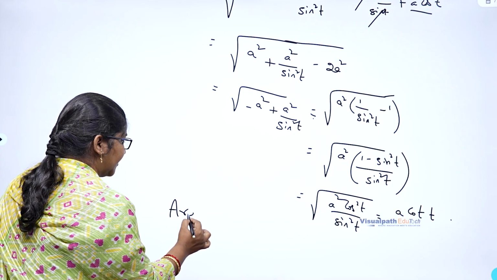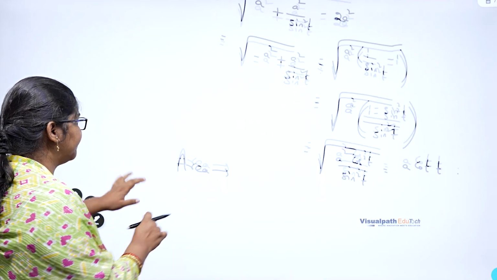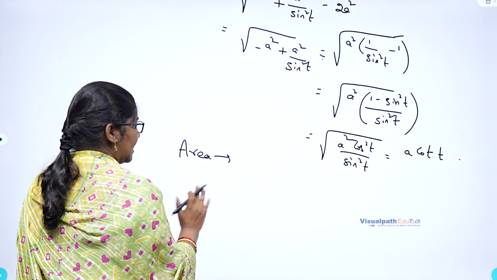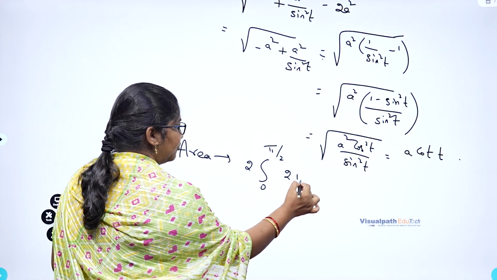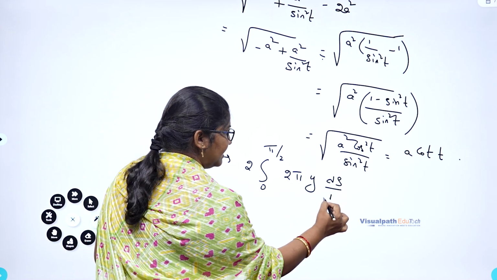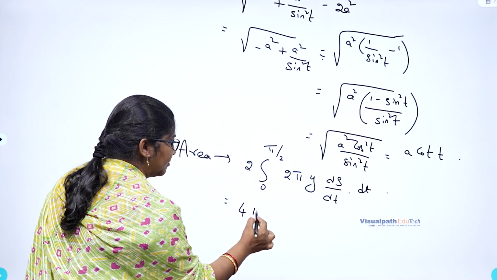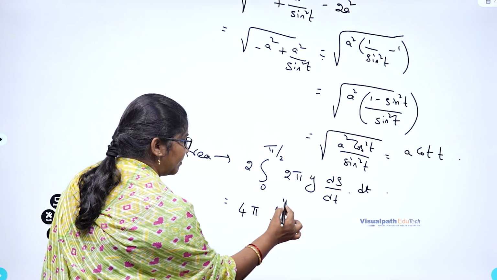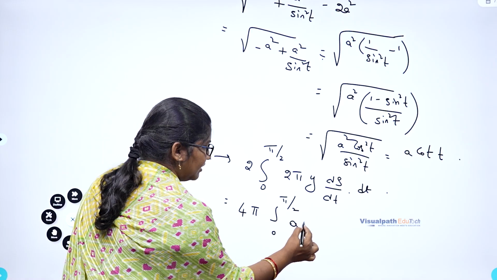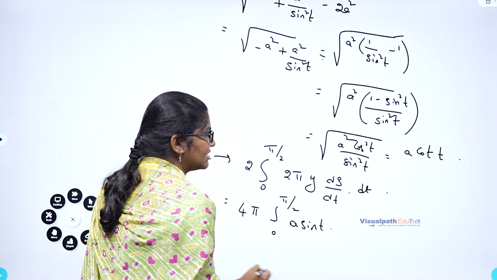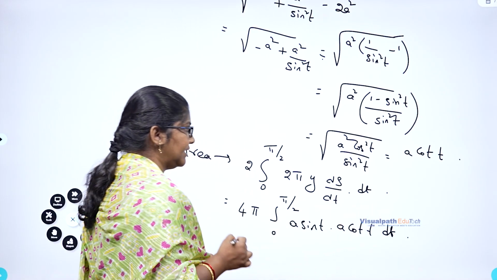Now we will find area. Okay. Area is 2 times the integral from 0 to π/2 of 2π y ds/dt into dt. Means 4π integral from 0 to π/2. Y is a sin t, ds/dt is a cot t, into dt.